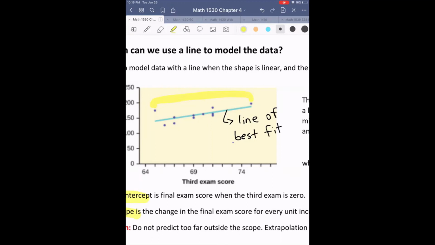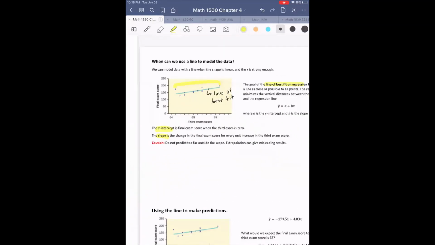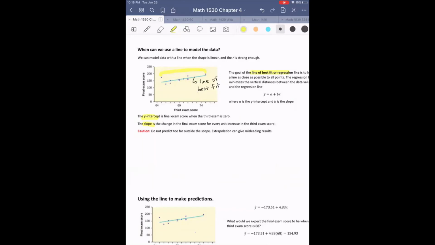Now, anytime we go outside the scope, this is called extrapolating. And when you extrapolate, sometimes you can run into problems. So I just want to caution you on that. If you predict too far outside your scope, you may be getting misleading results.